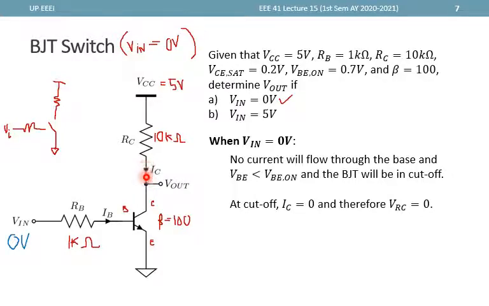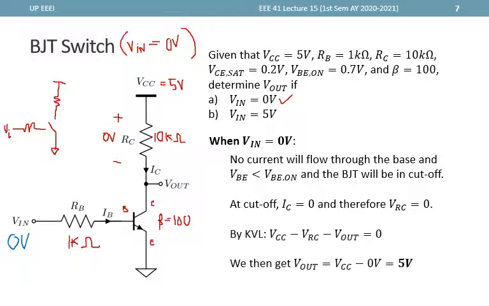There is no current here. Therefore, there is no voltage drop in this RC right here. So this is 0 volts. And if that is 0 volts, by KVL, VCC minus VRC minus Vout is equal to 0. So since Vout is right here with respect to ground, we have this here.